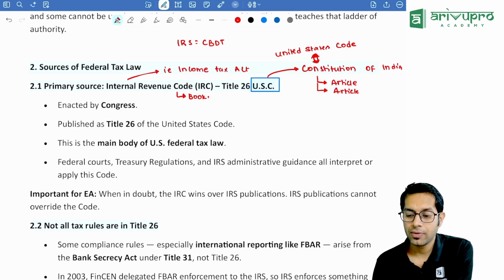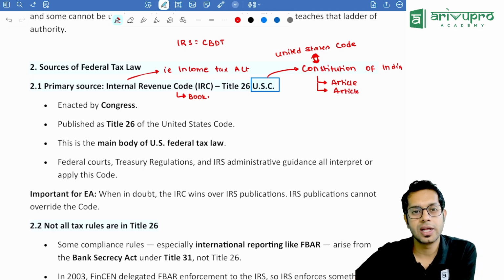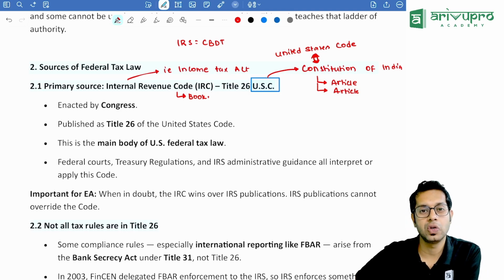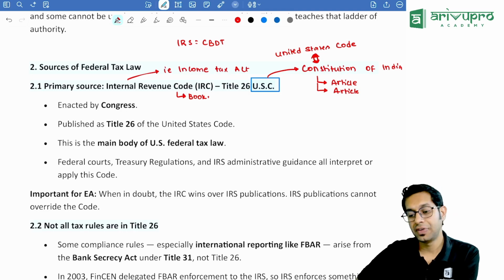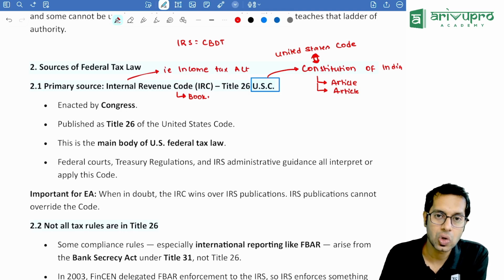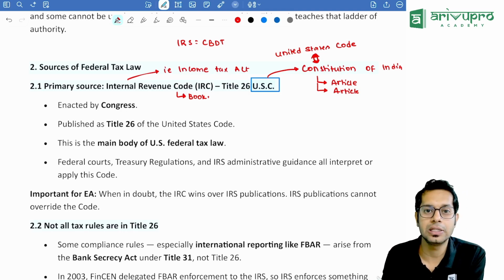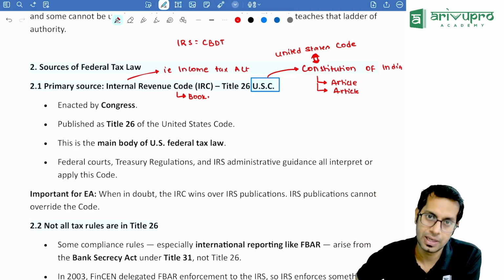Similarly, in the Constitution of India, we have a schedule called Schedule 7 in Article 246. In Schedule 7, there is a list called List 1 or Union List, which gives the power to the central government to collect taxes on income.